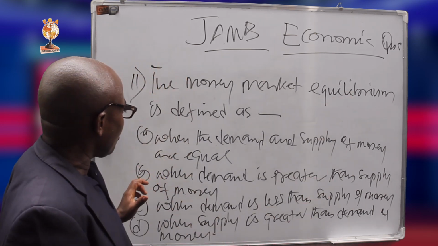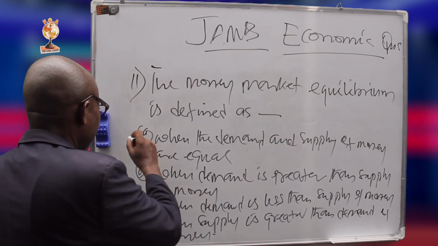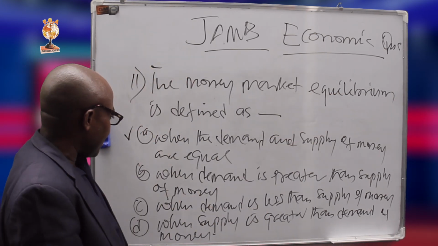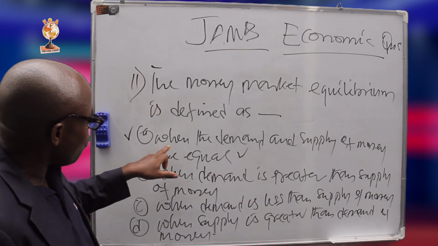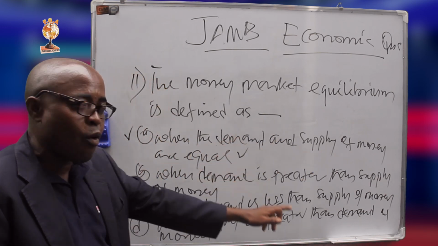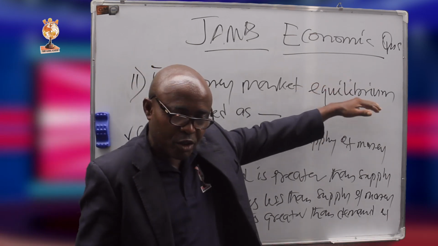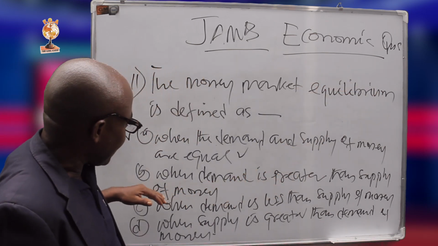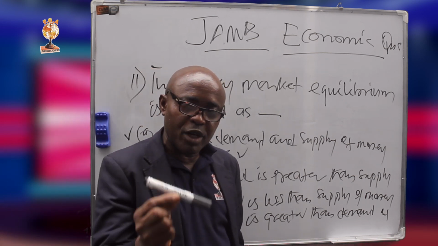The only option that fits in here is A. A is the right option for this particular question. It said when the demand and supply of money are equal. So A fits equilibrium. Don't forget the first explanation I gave you, that economists will always use equilibrium.